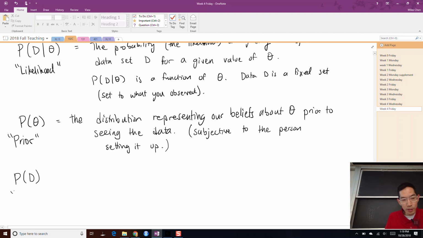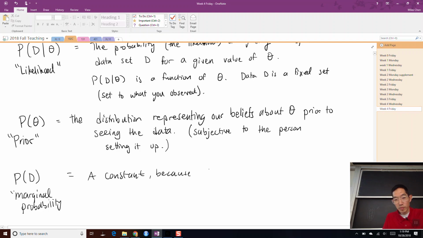And then lastly, probability of data. This is called the marginal probability. This is a constant. This is an important thing. It's not a function. It's a constant because it depends only on D, which is a fixed data set.